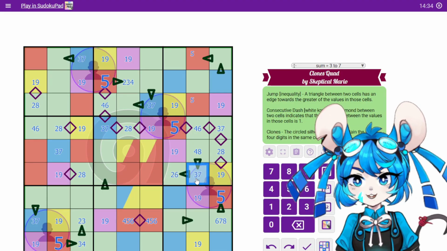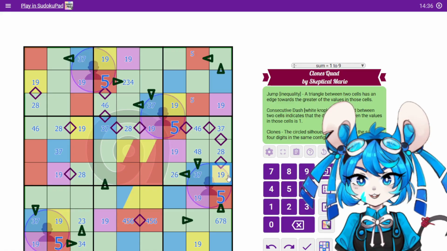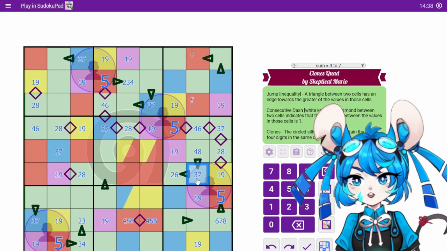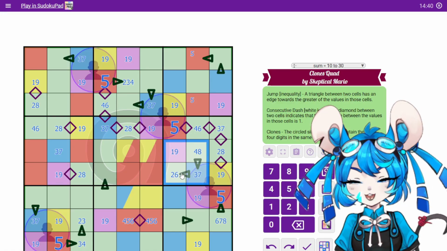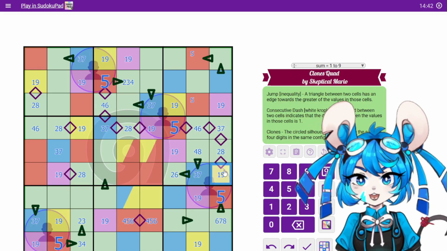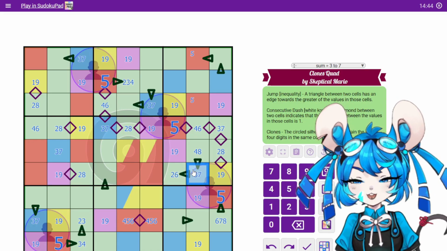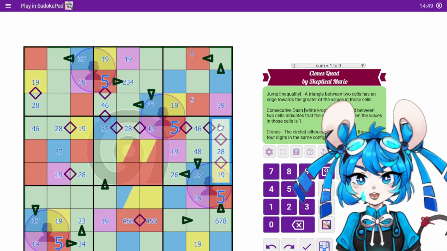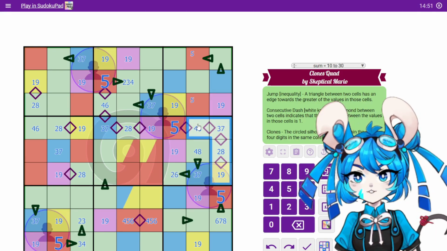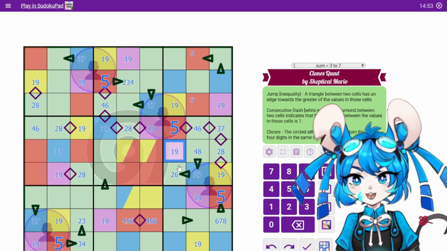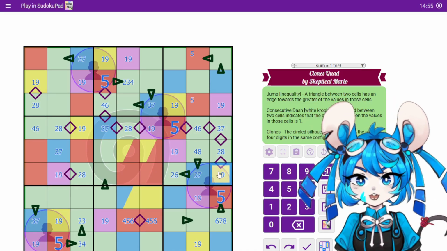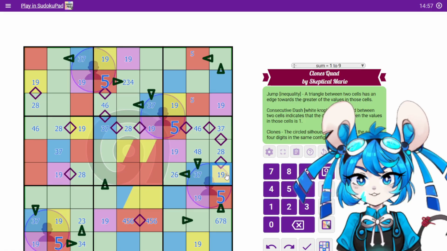If this is 3, then that makes this 9. Because if this is 3, then that means the low digits are left out, and these are the high digits. If this is 7, then these are the low digits. Well, if this is 7, these are the high digits, these are the low digits, this would be a 1.